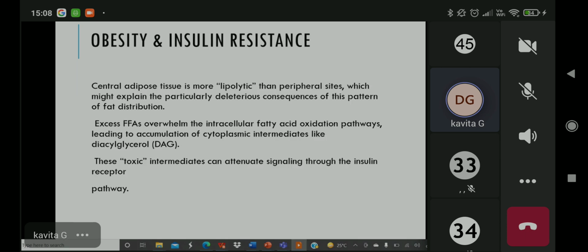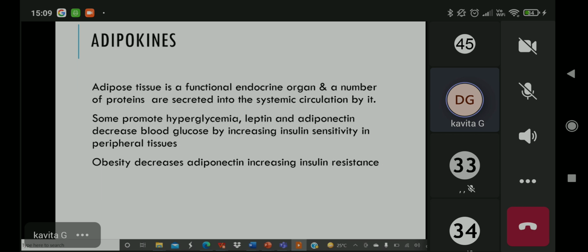Now, it is believed that central adipose tissue is more lipolytic than peripheral adipose, which explains why endocrinologists actually become very worried if they see a paunch. So excess FFAs overwhelm the oxidation pathways, leading to accumulation of toxic products, which themselves disturb the insulin signaling.